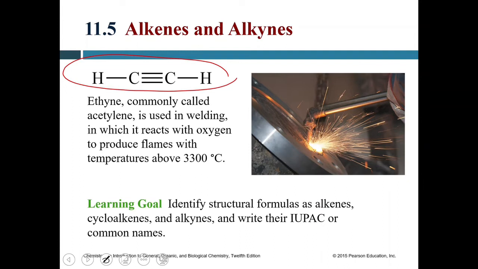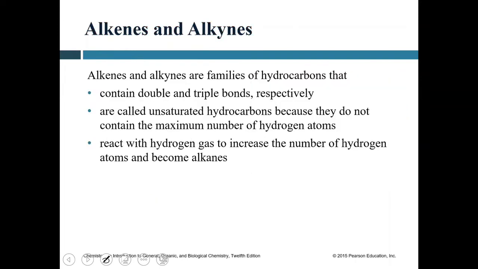It actively reacts with oxygen and produces really, really high temperature flames with a temperature above 3300 Celsius. So these hydrocarbons, alkenes and alkynes, contain double and triple bonds, and they're called unsaturated hydrocarbons because they don't contain the maximum possible number of hydrogen atoms.